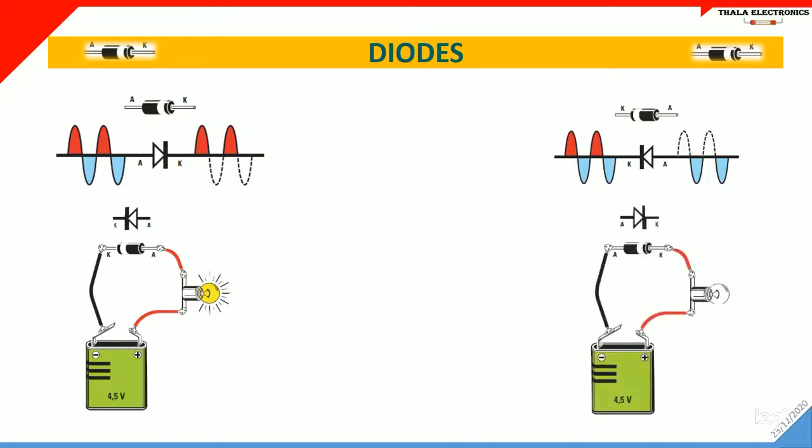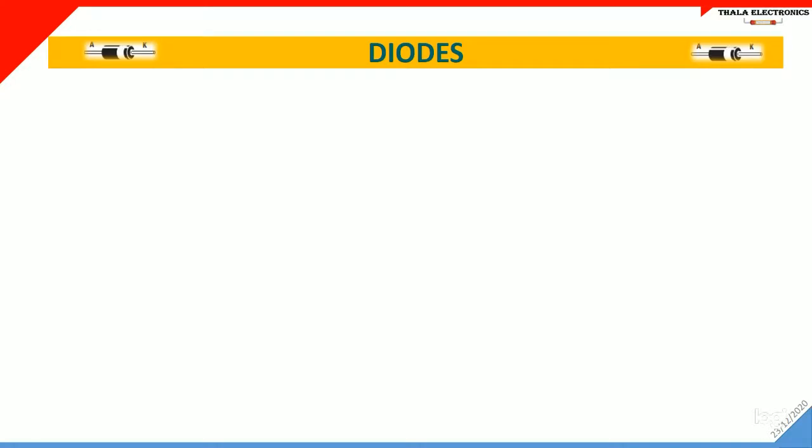We can take the same example as previously, and you just have to reverse the diode connection. And what is expected here is that the bulb should not turn on.